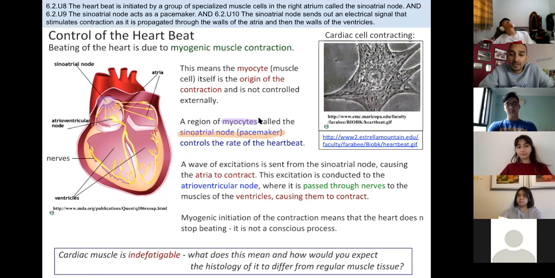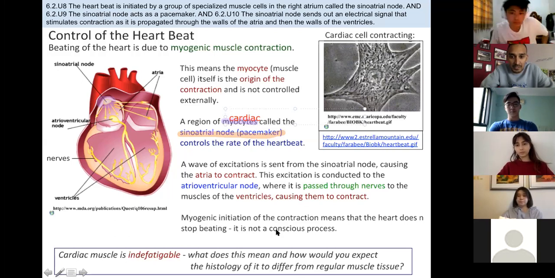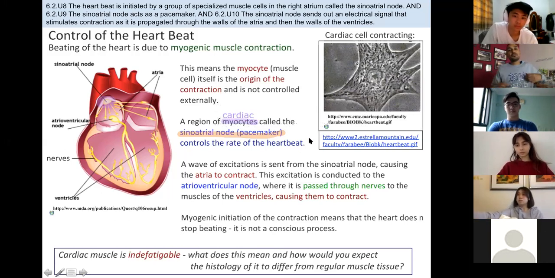So this bundle of cells is actually cardiac myocytes, because there are different types of myocytes. A cardiac myocyte is a type of muscle cell that also has nervous signaling abilities.